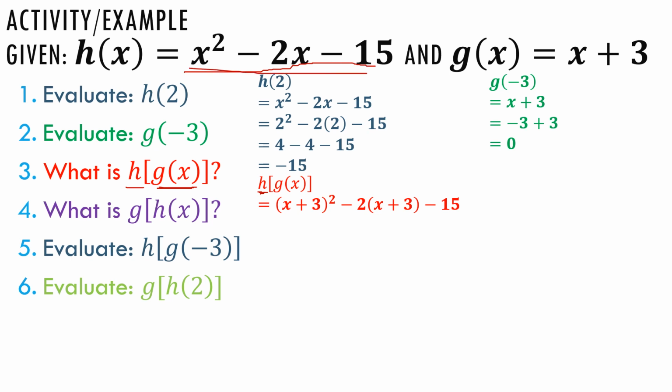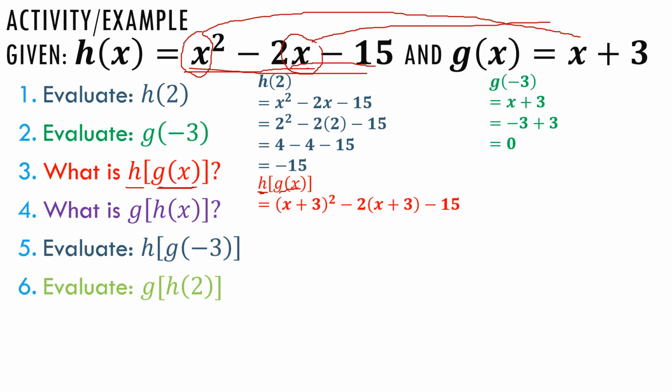And then, lahat ng x dito sa h ay magiging yung nasa loob na g of x. So, ito ay magiging x plus 3, and itong isang x naman dito ay magiging x plus 3. Kaya siya nagiging, since x squared, so maging quantity x plus 3 squared, and then minus 2 times the quantity x plus 3, and then copy minus 15.